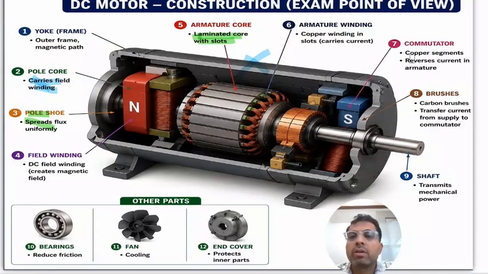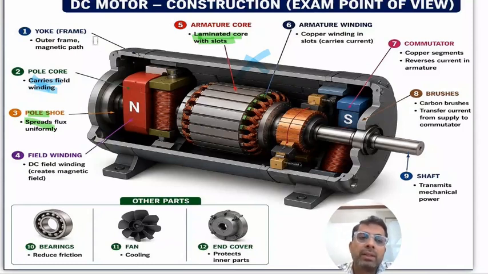This is the commutator, made of copper segments, and it reverses the current in the armature. These are the brushes, carbon brushes, which transfer current from the supply to the commutator. And this is the shaft, which transmits the mechanical power. The other parts are the bearing, fans, and end cover.